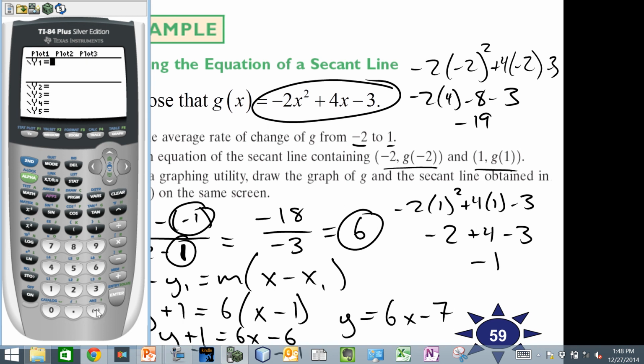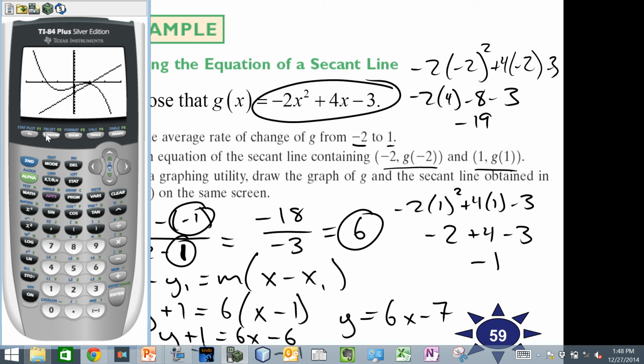So negative 2x cubed plus 4x minus 3, and then we'll go ahead and also graph 6x minus 7, and we'll graph it. And we're going from negative 2 to 1.